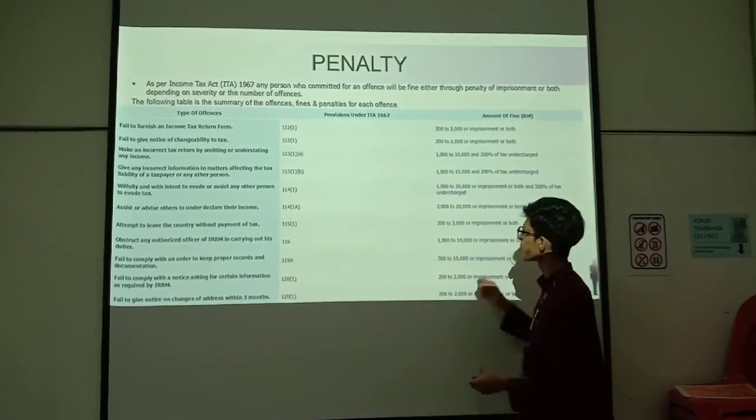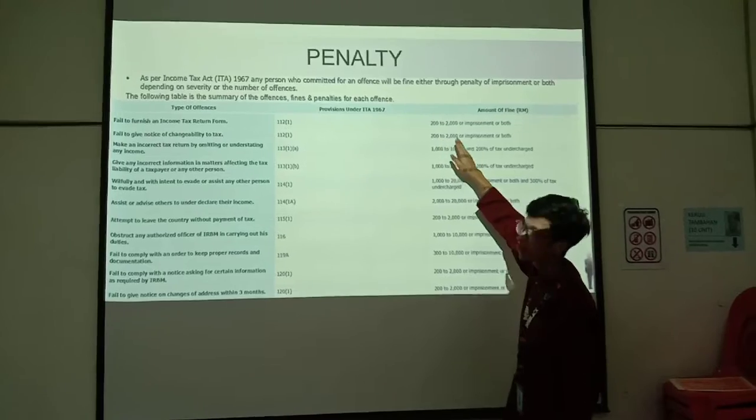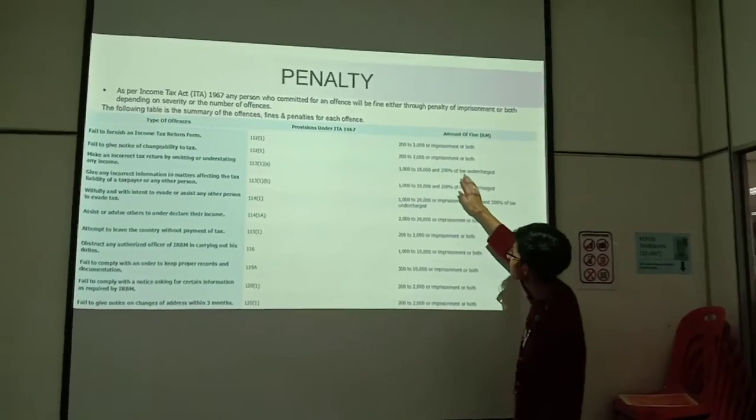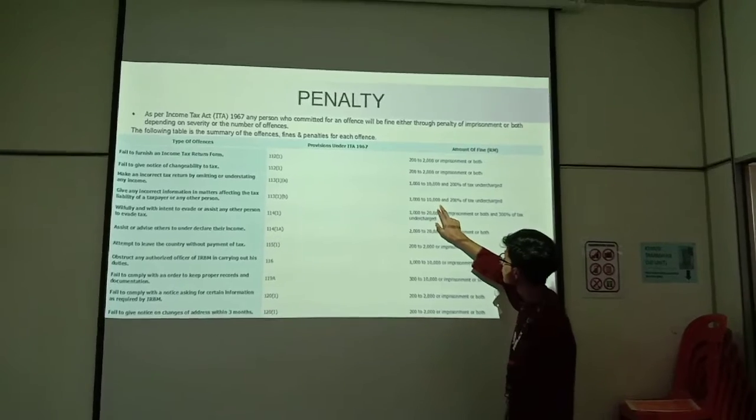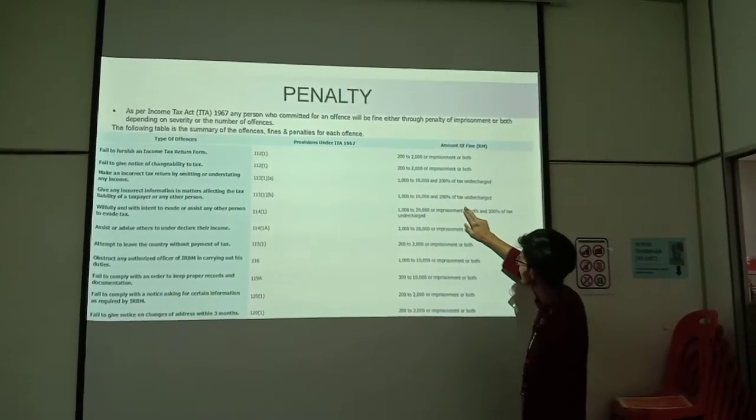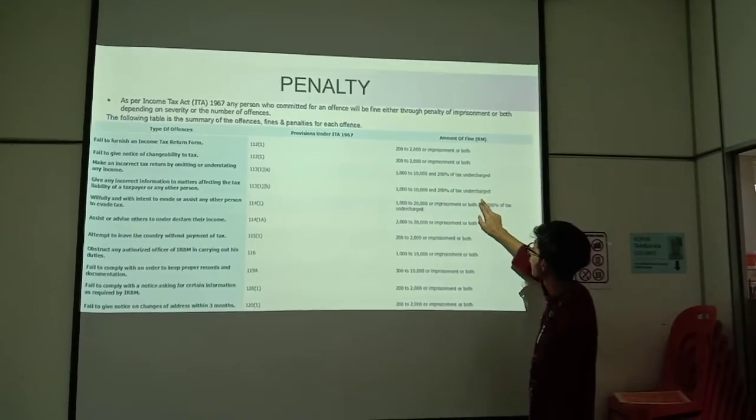The penalties will be given, for example, from 200 to 2,000, or imprisonment, or both. And also we can say 1,000 to 10,000 and 200% of tax undercharged.